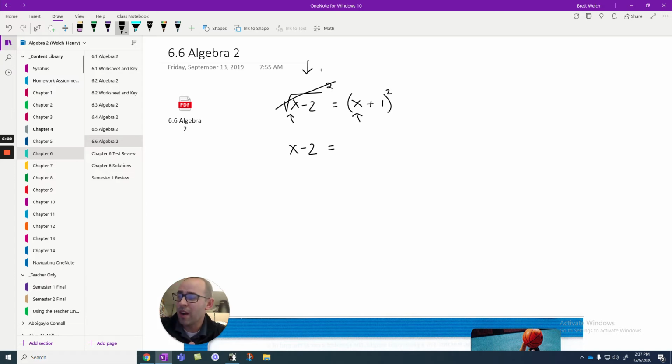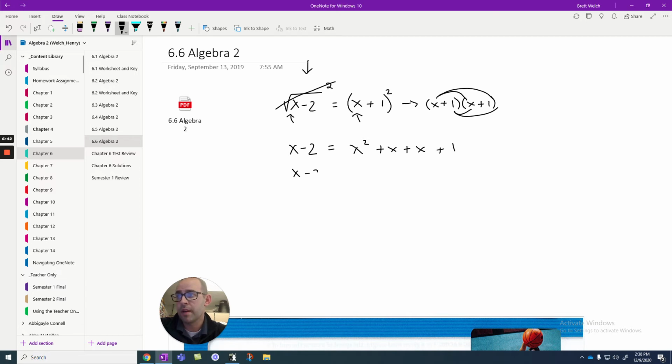And when we square a parentheses like this, we really have to show it as a FOIL problem. If you're trying to cut a corner, you're always going to end up falling on your face. So be careful. This just becomes x squared plus x plus x plus 1.